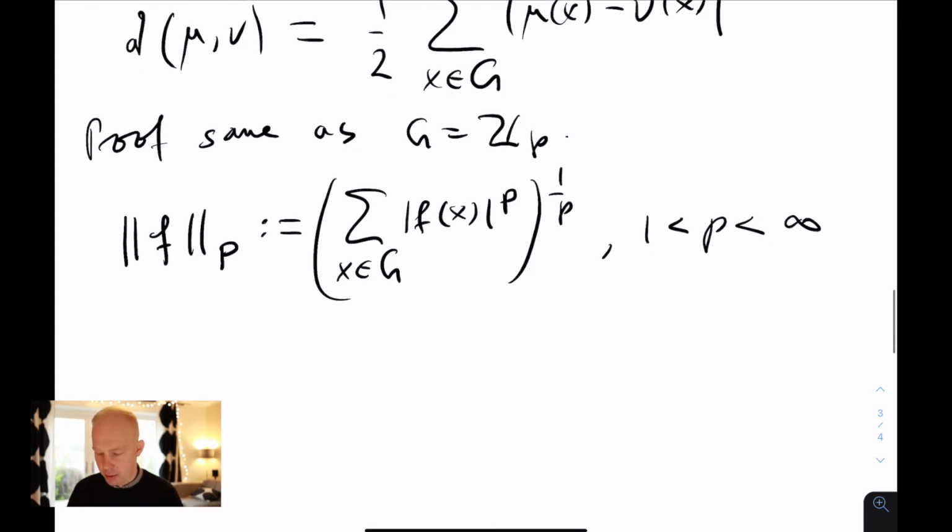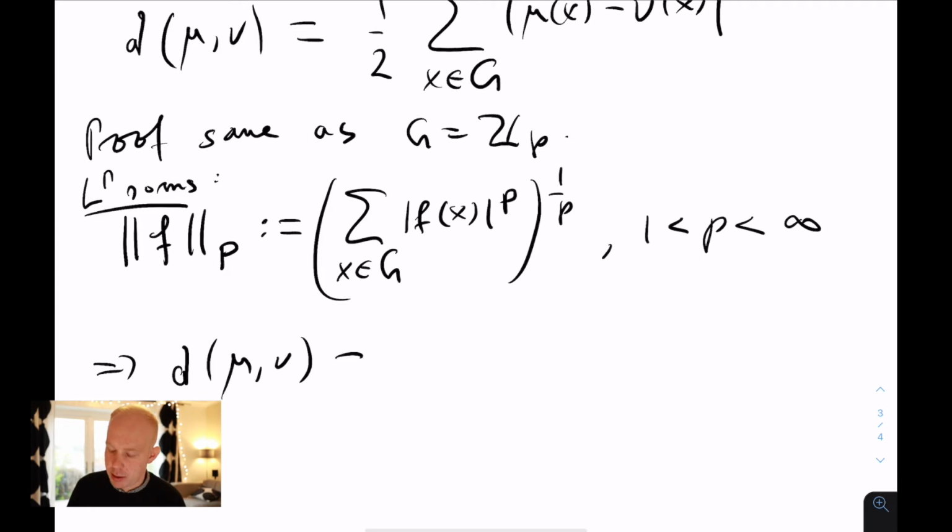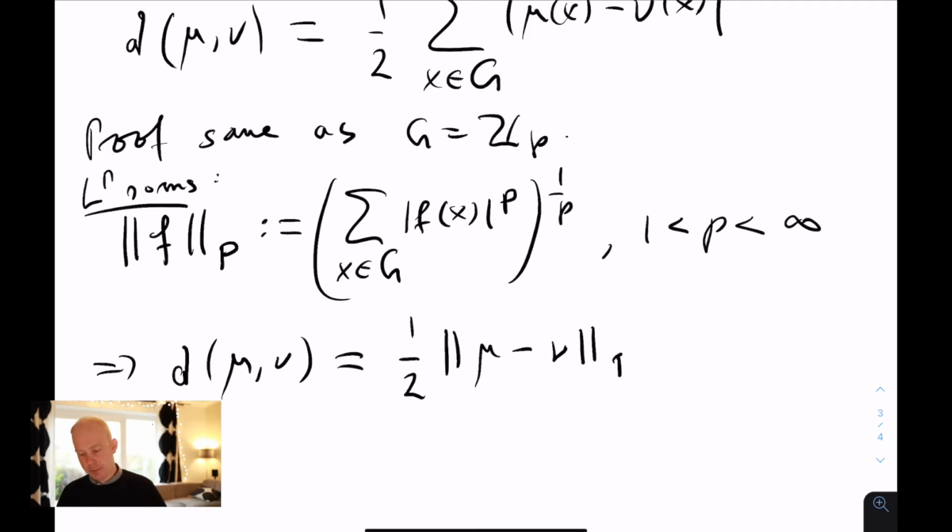You can define this notion for L^p norms in this way. So this implies that the total variation distance can be written as half of the L1 norm of mu minus nu. This is the L1 identity.